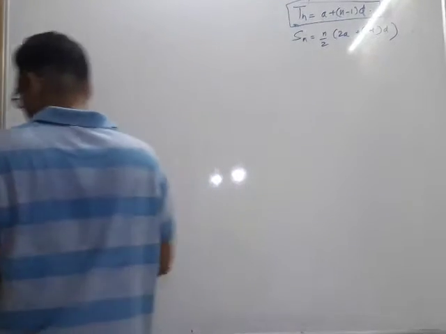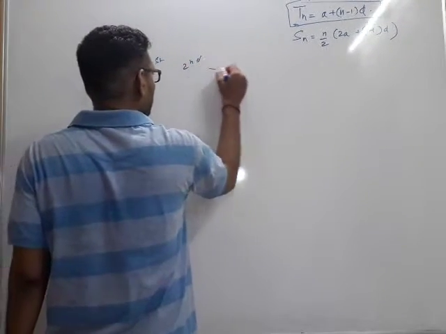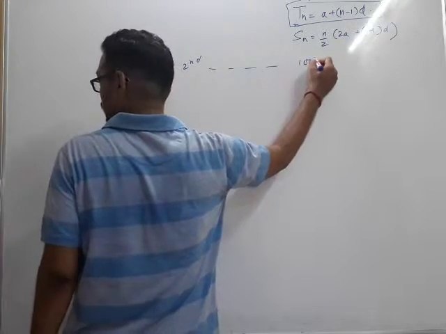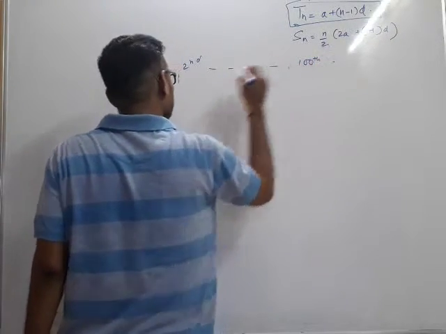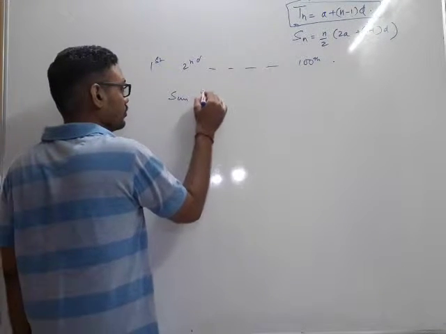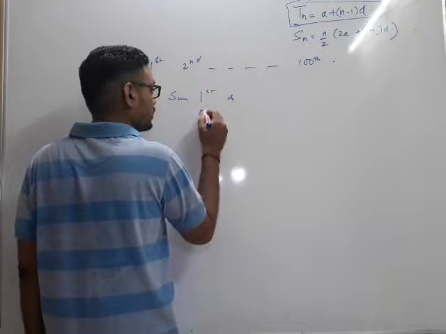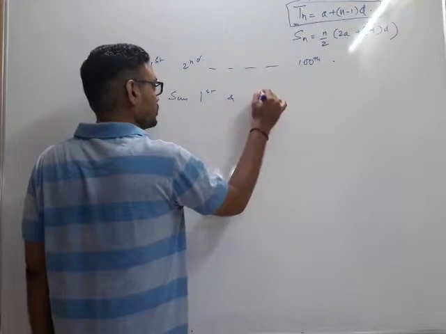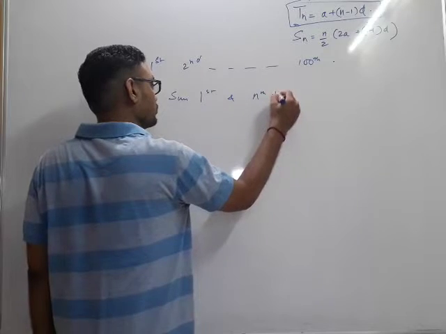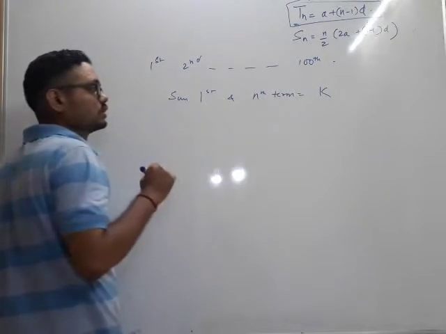Let's say there is any AP, this is the first term, second term, 100th term of the AP, and they have given the sum of the first and nth term is k, something.